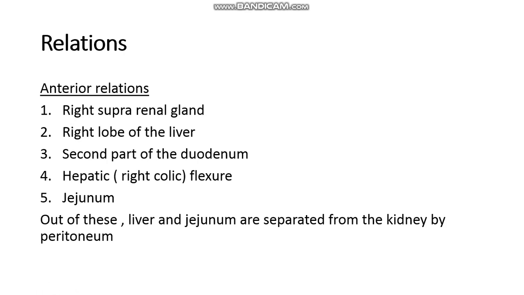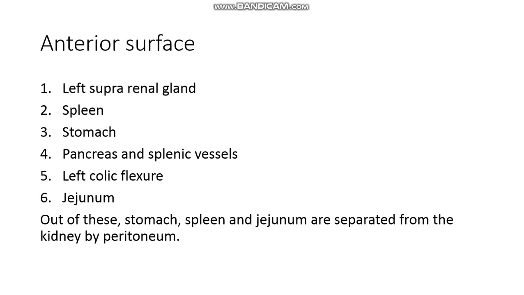It is not the relations of the kidney, it is the relations of the hilum. The hilum of each kidney is related to the right suprarenal gland, then the right lobe of the liver, second part of the duodenum, hepatic or right colic flexure, then jejunum. Out of these structures, the liver and jejunum are separated from the kidney by peritoneum. So these all are the anterior relations of the hilum.